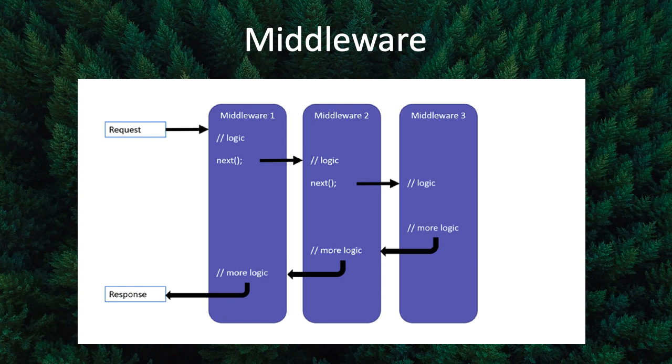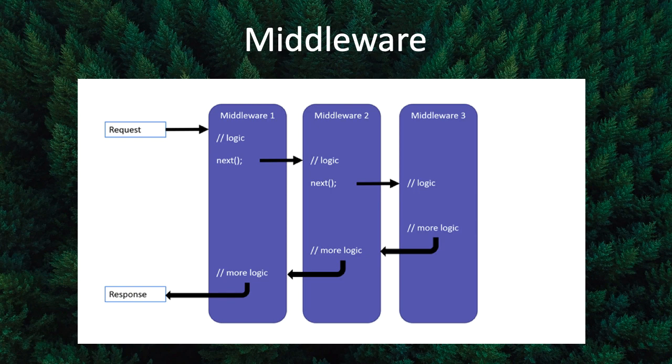Now, each of these delegates, each of these pieces of middleware, can perform operations before and after the next delegate. And when it comes to exception handling, we need to call this early in the pipeline so that we can catch exceptions that occur in later stages of the pipeline. If we have an error before we've created our exception handling middleware, we won't have anything to catch it with.